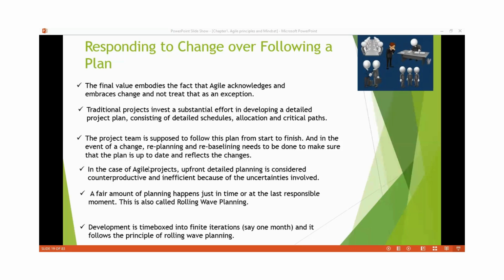A fair amount of planning happens just in time. We don't have to go through a deep rolling wave plan like we used to in traditional waterfall. The development time box is a finite iteration, so there's a delivery time that's specified to the stakeholders.